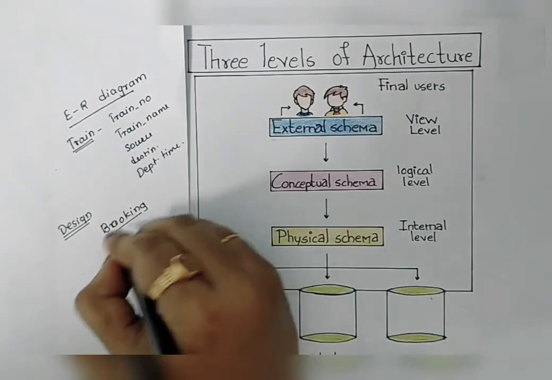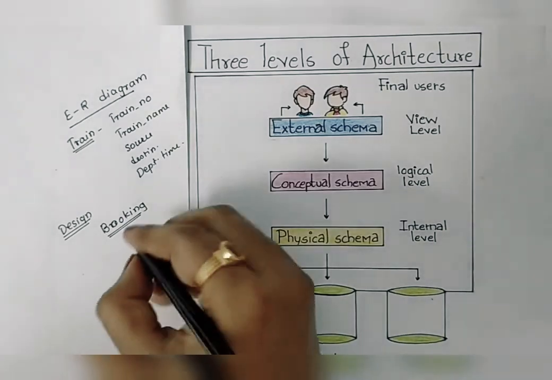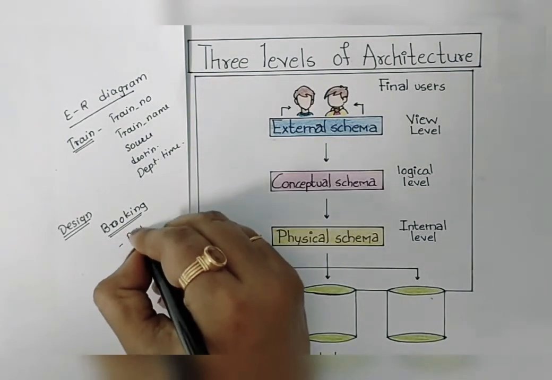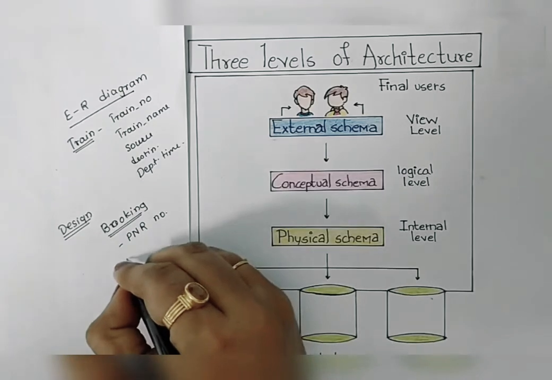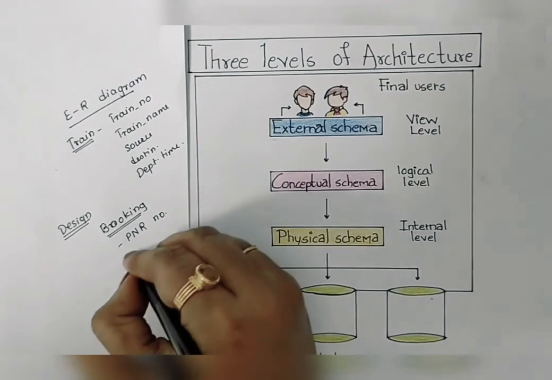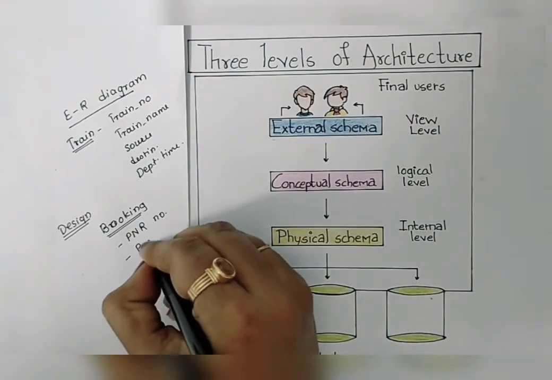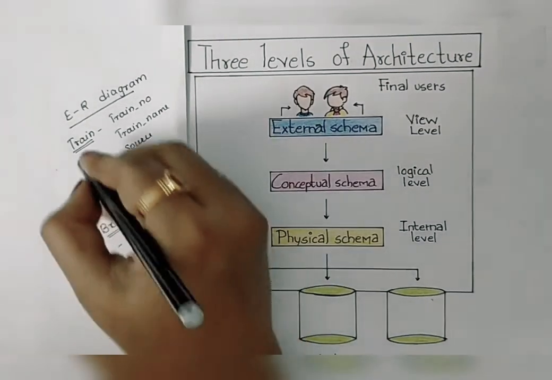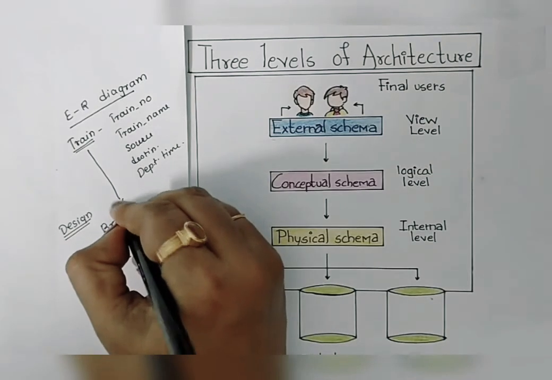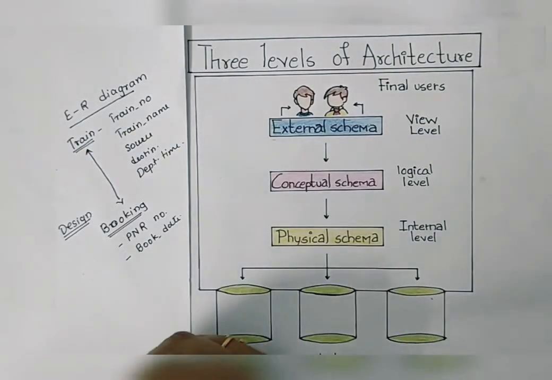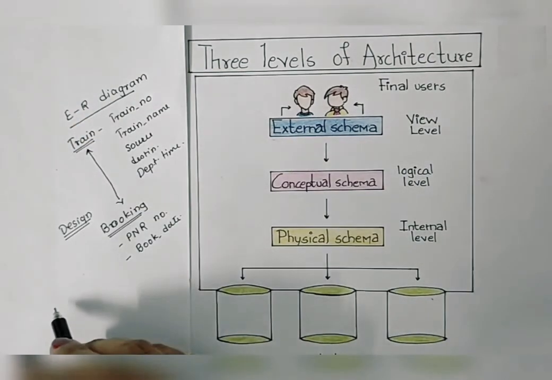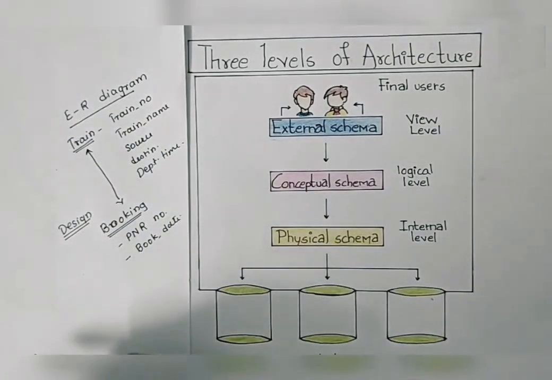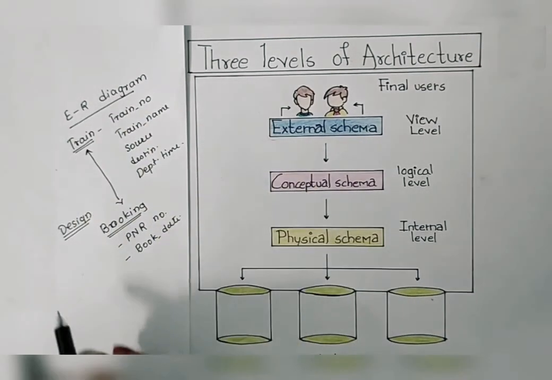So for booking, what data you want to store? You store PNR number, booking date, and so on. So train and booking are associated with each other. So your ER diagram will capture this relationship. So we can call it a design also.